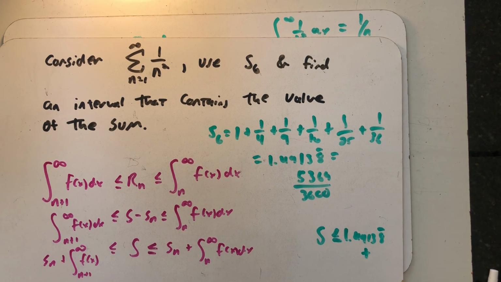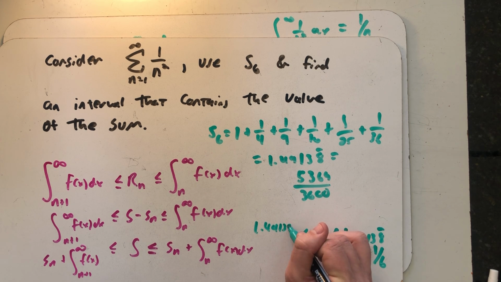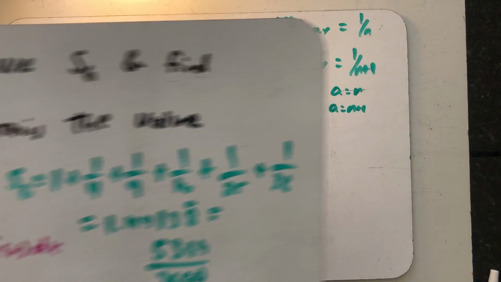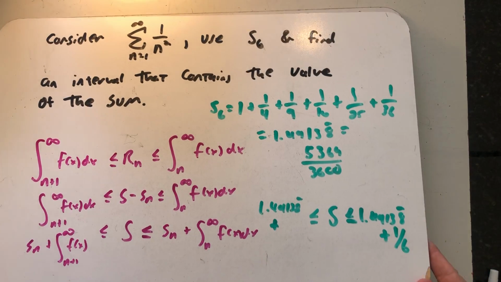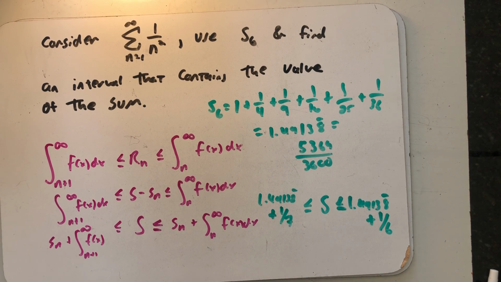Well, let's see, what's n for us? Well, it is 6, so plus 1/6, less than or equal to 1.49138 repeating, plus 1 over n plus 1. Well, n is 6, that's 1/7. And that's going to give me my interval.